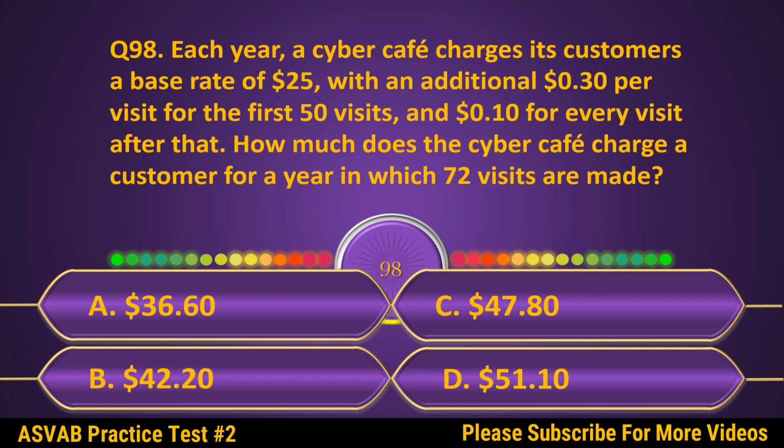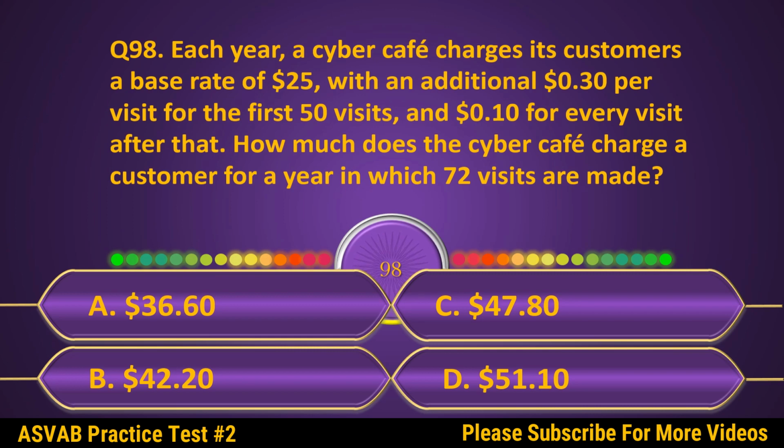Question number 98. Each year, a cyber cafe charges its customer a base rate of $25 with an additional 30 cents per visit for the first 50 visits and 10 cents for every visit after that. How much does the cyber cafe charge a customer for a year in which 72 visits are made?